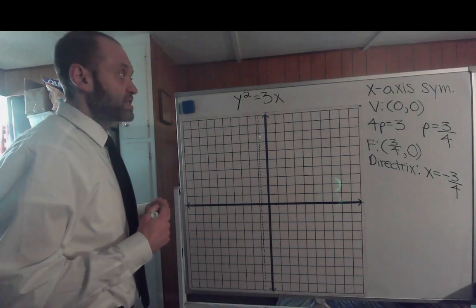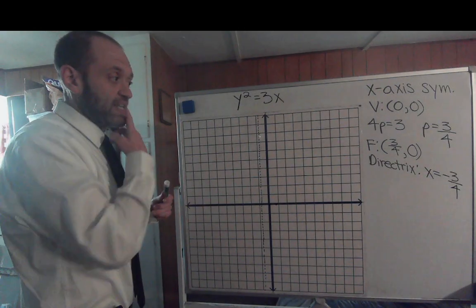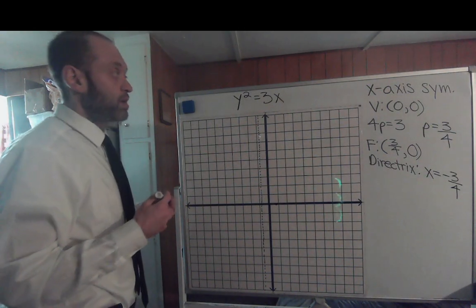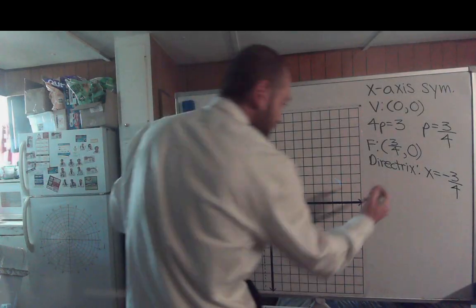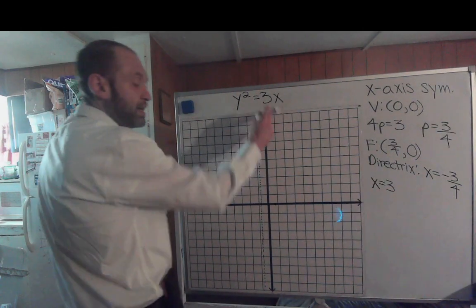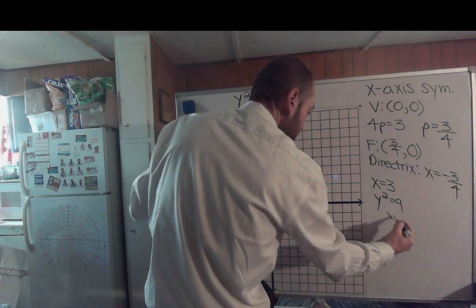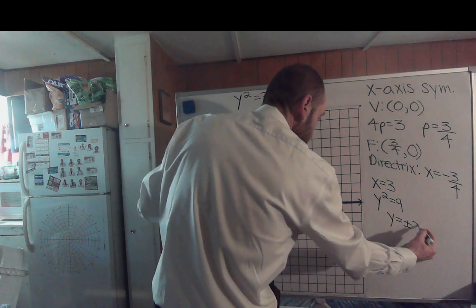We got the vertex, why don't we find some other points? Find at least 2 other points. Why don't we take when x equals 3? So if x equals 3, I put that in, that would give me y squared equals 9, which would give me y equals plus and minus 3.